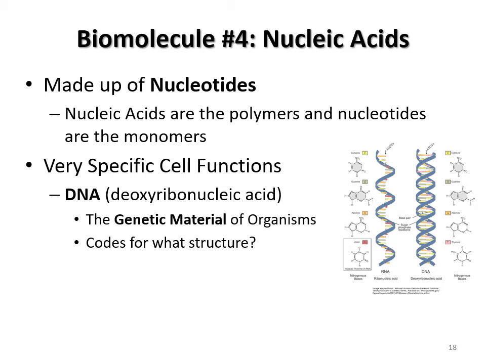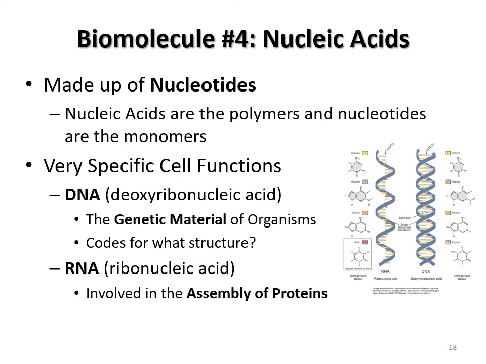So what DNA does is it codes for RNA, right? And that's through transcription. If you ever hear that term, that's DNA coding for making RNA. And again, DNA is the genetic material, and then next you get RNA, and RNA is the code or the blueprint for making proteins. So that's involved in the assembly of proteins. And as you know, proteins then do a ton of things themselves as well.